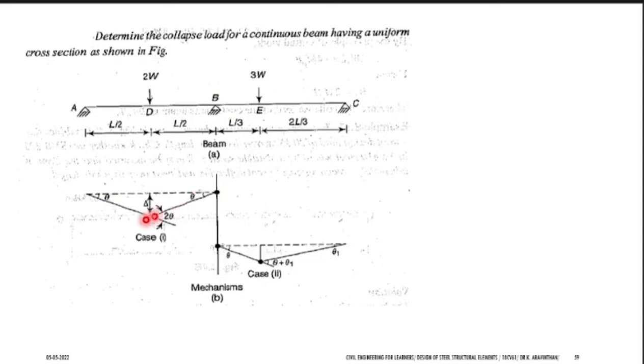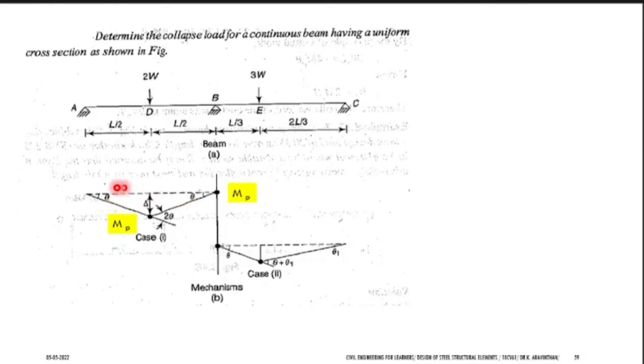If I am taking only this span, where will you have hinges? You have a load, hence you will have a hinge, which is MP. And at the intermediate support you will have a negative moment, hence you will have a hinge here, that is 2 hinges.